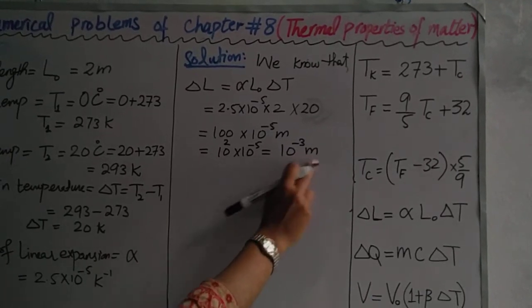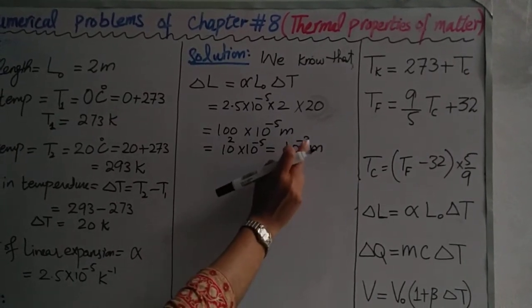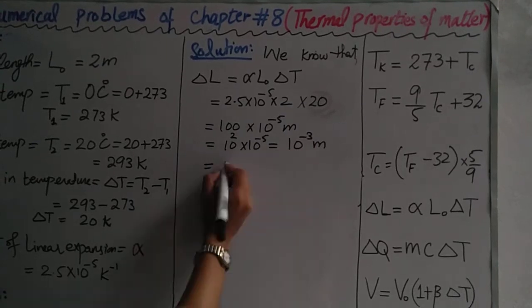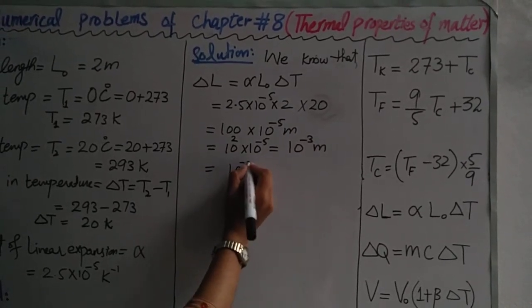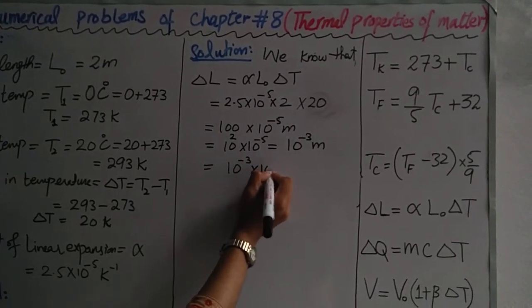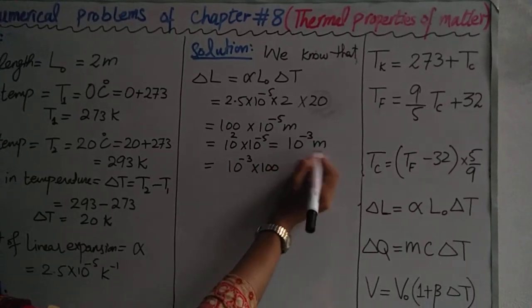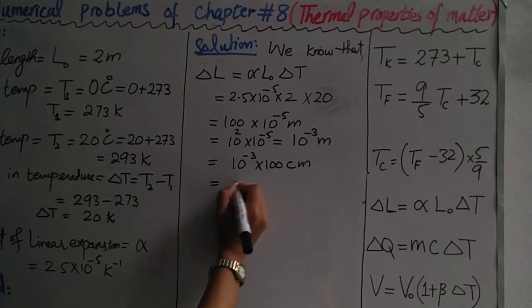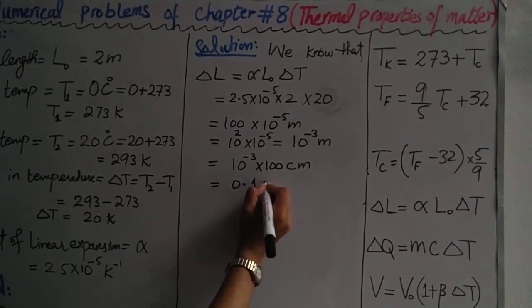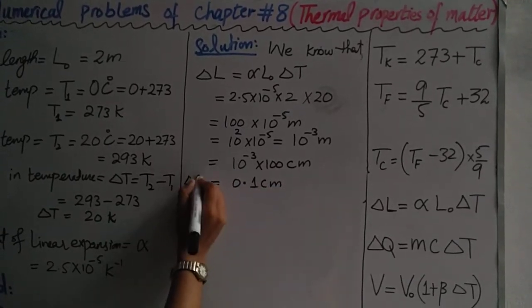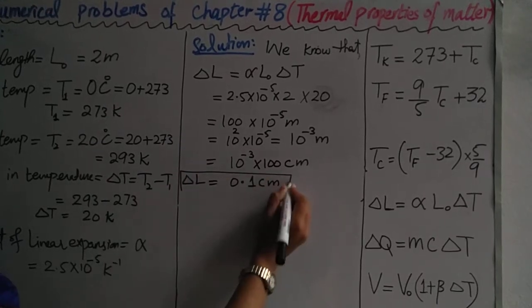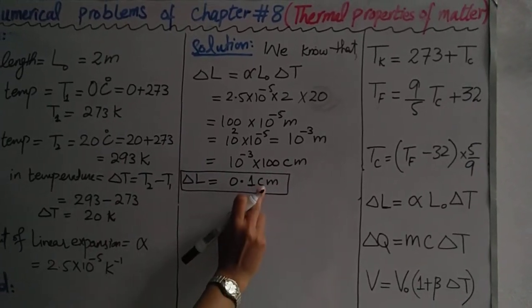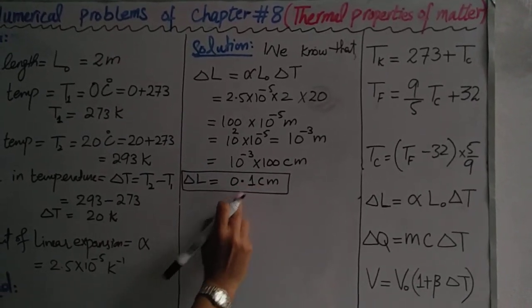For a more suitable answer, we will simplify this further: 10 raised power minus 3 multiplied by 100, and we convert the unit meter into centimeter. Now our final answer is 0.1 centimeter. Don't forget to make the block, and don't forget to write the unit along with the numeric value.